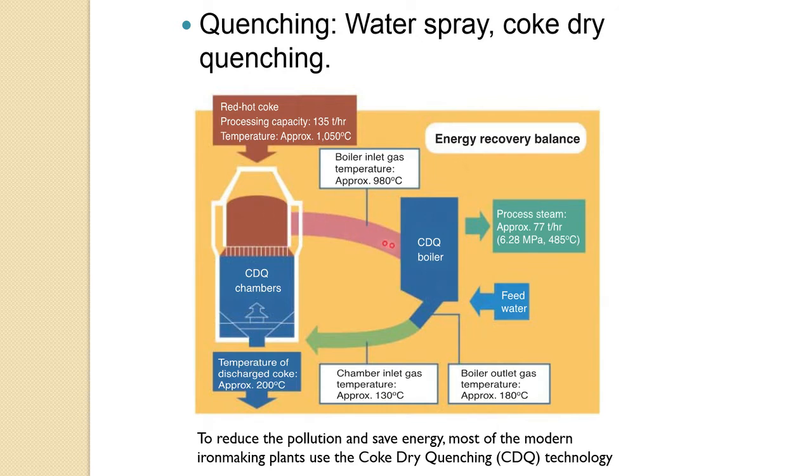The hot gases are used to generate electricity or steam. This does not generate that much dust and pollution, and nowadays most modern steel plants use coke dry quenching, but old plants still go with the earlier method.